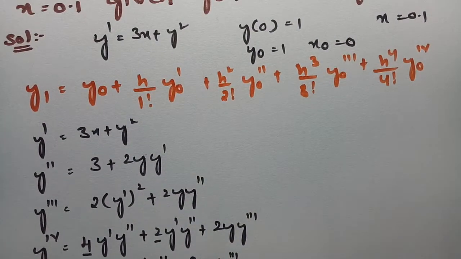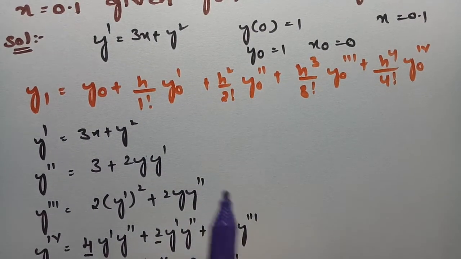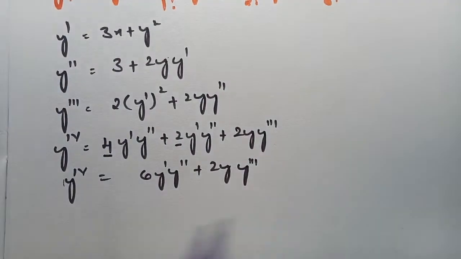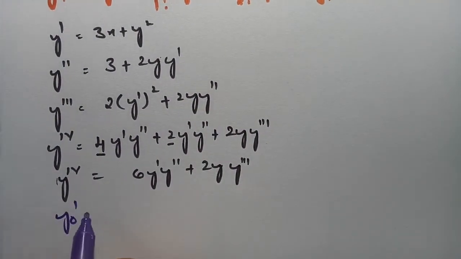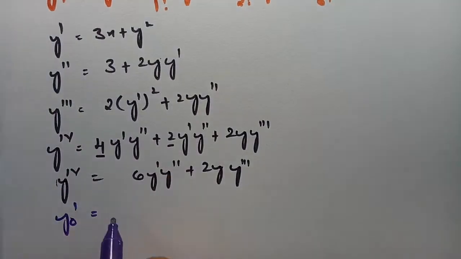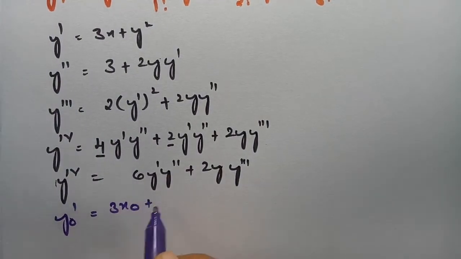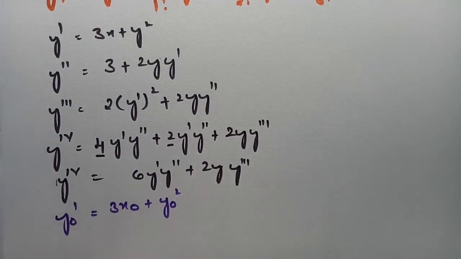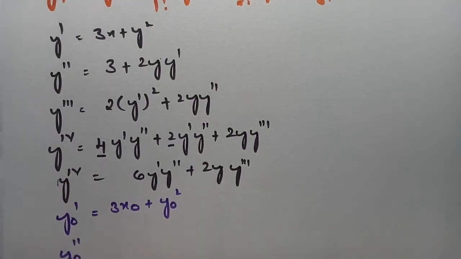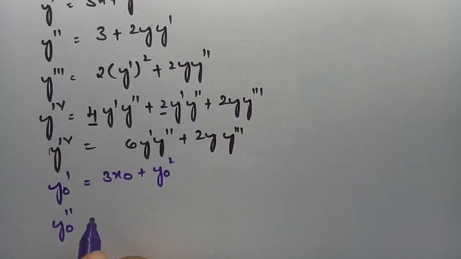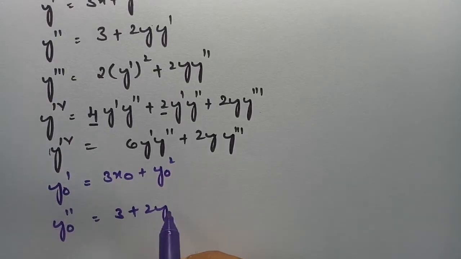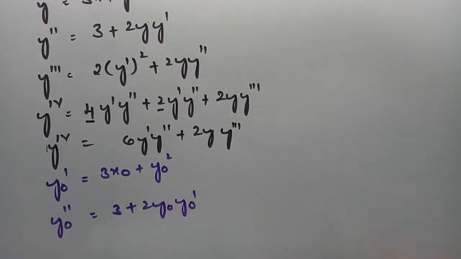Now we have to find the value at y naught. So y naught dash is equal to 3 naught plus y naught square, and next y naught double dash is equal to 3 plus 2 y naught dash.